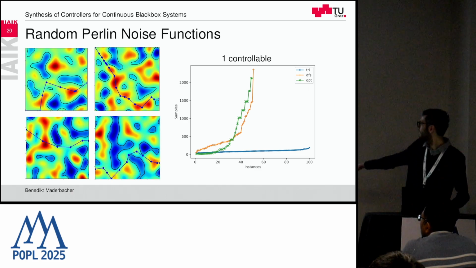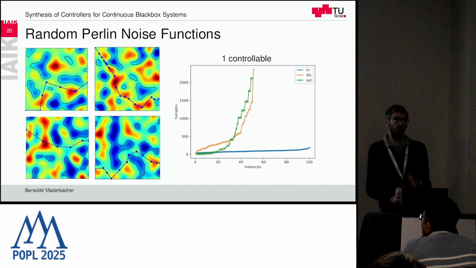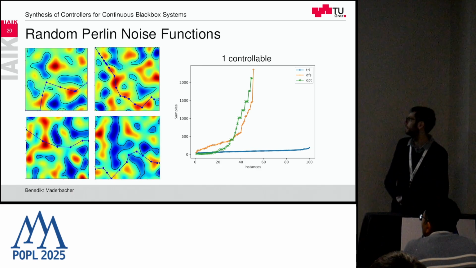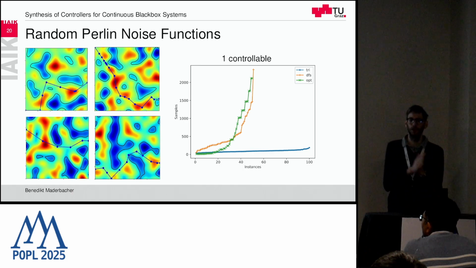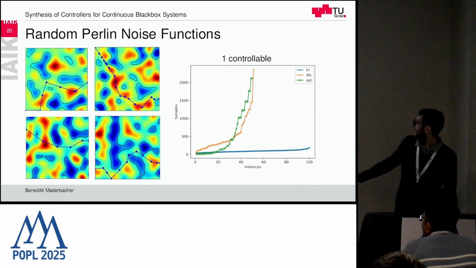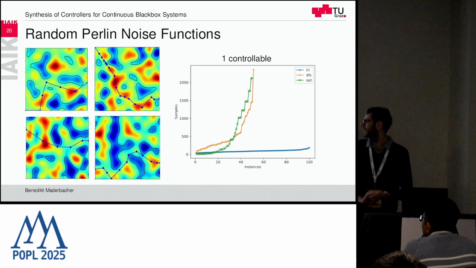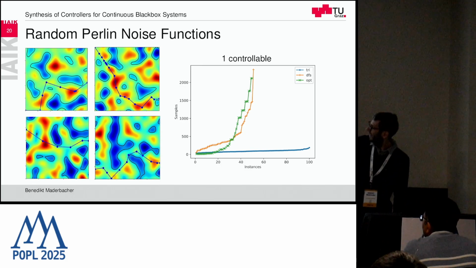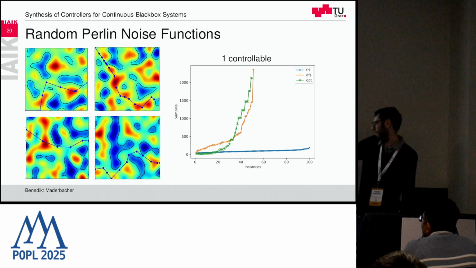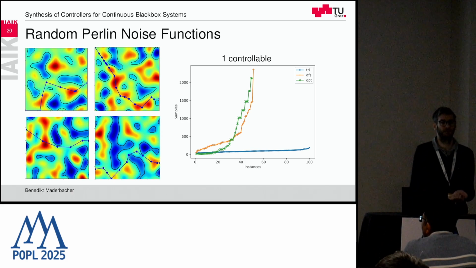And as you can see, our method almost never needs more than 100 samples to construct the model and find the correct function. But both the depth-first search and the optimization method are not able to find solutions for about half the instances with a limit of 2,500 samples.